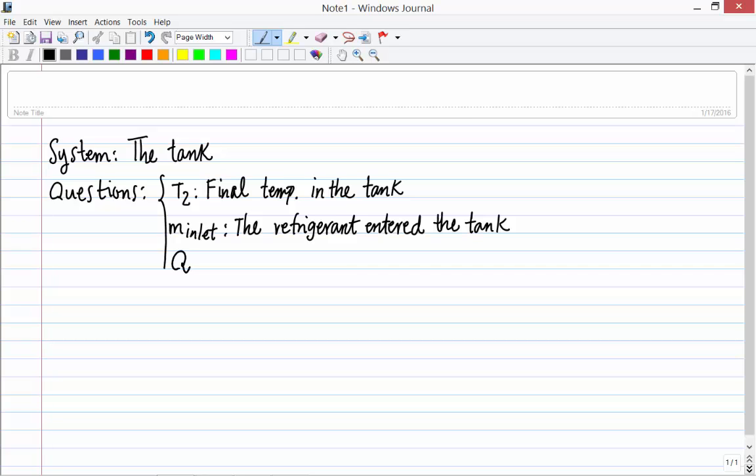And also it asks for the heat that transferred to the system.